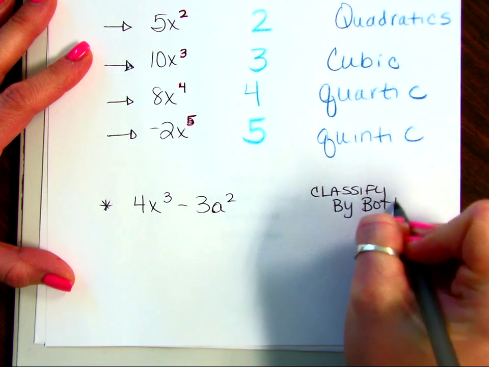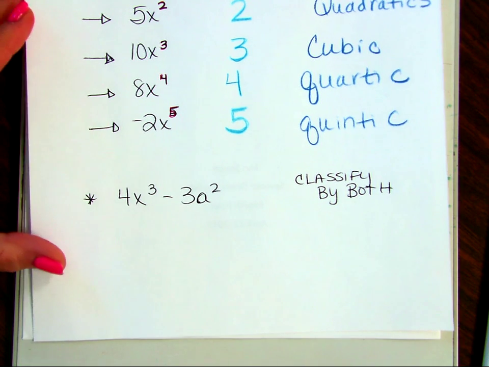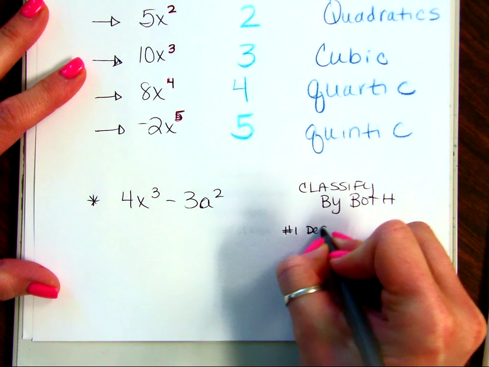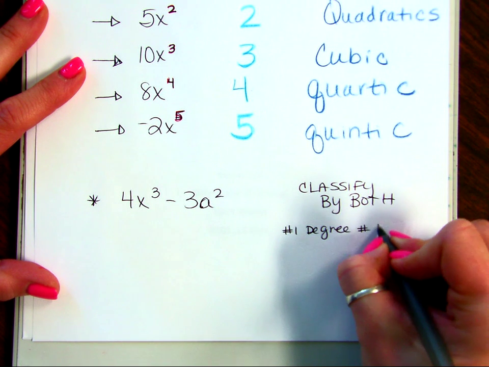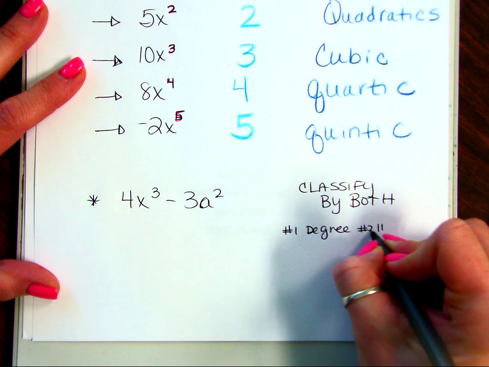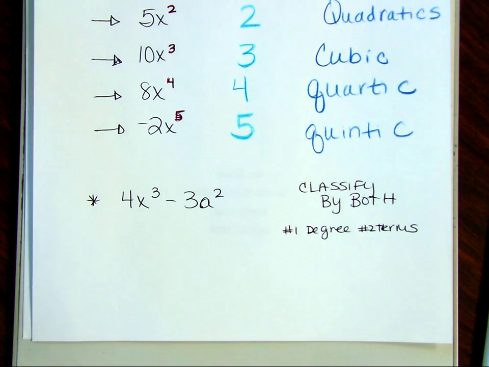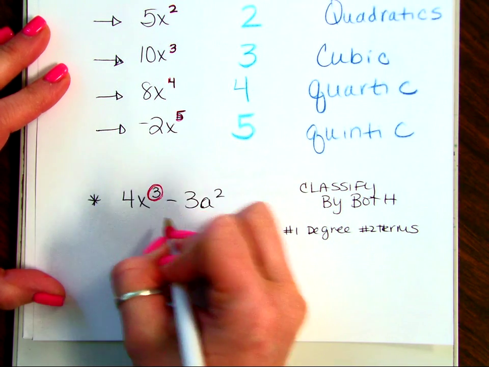The first thing you're going to do is classify it by degree. The first is going to be the degree, and then the second will be the number of terms. For example, I'm going to call this a cubic binomial.